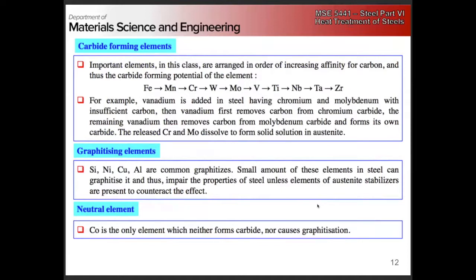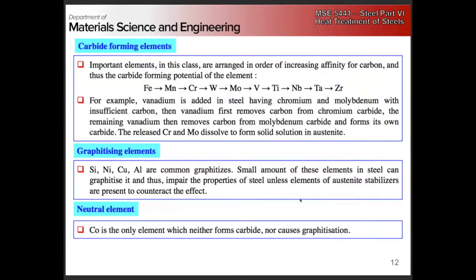So the elements, of course, don't necessarily sit in isolation, right? They all have variable degrees of affinity with carbon, right? So we have to think about how likely we are going to form carbides in our material, right?